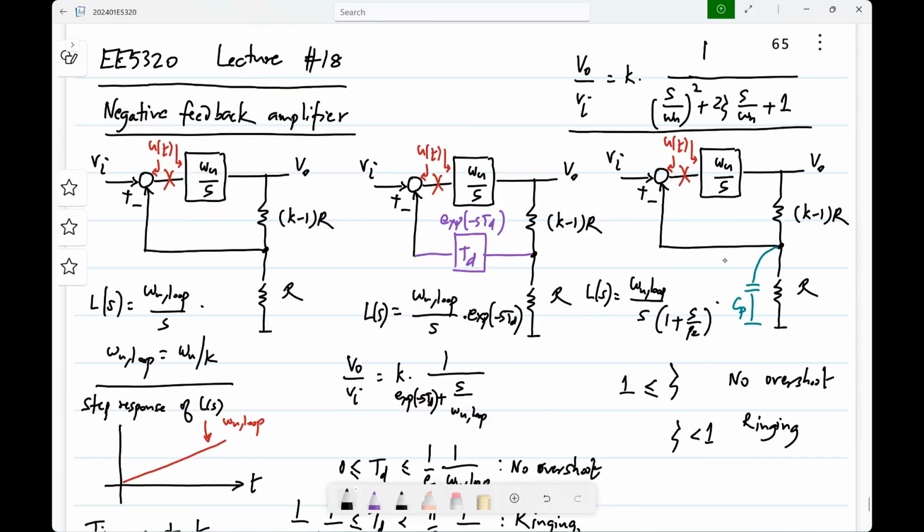Okay. Now, in this particular case, it turns out it won't go into outright instability. That is, the natural response will always die out, but it will ring more and more. This is a peculiarity of the second order system. When you go to higher order systems, that won't be the case.